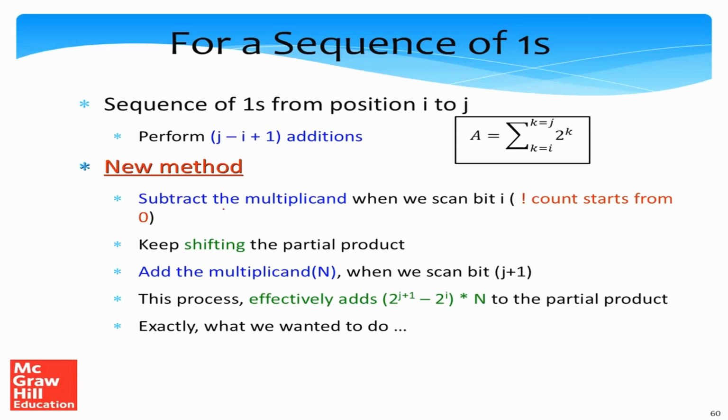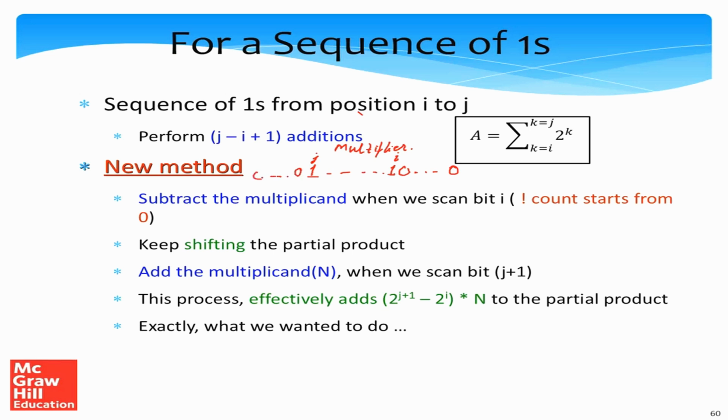Let's assume we have a sequence of ones from bit position i to j in the multiplier. Assume that before that we have a sequence of zeros.